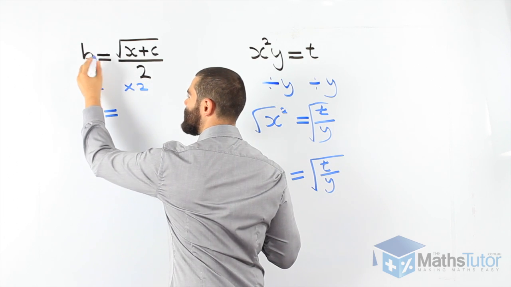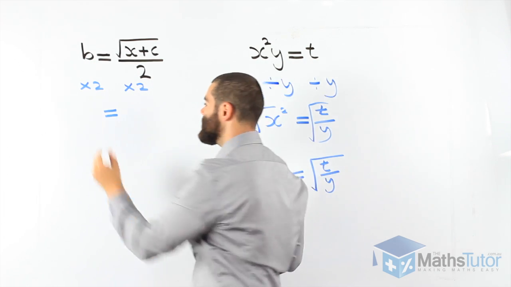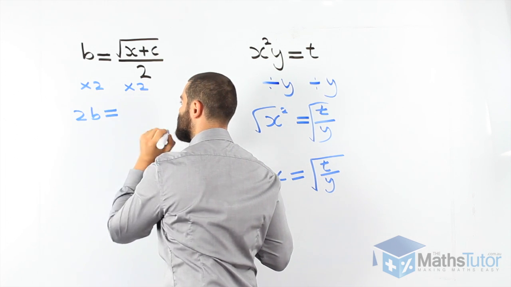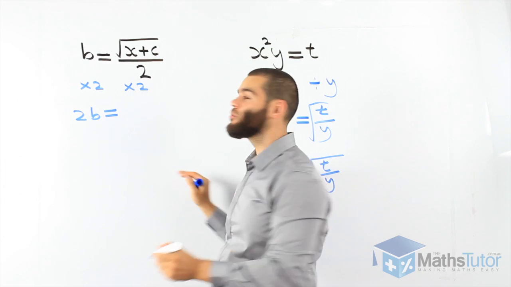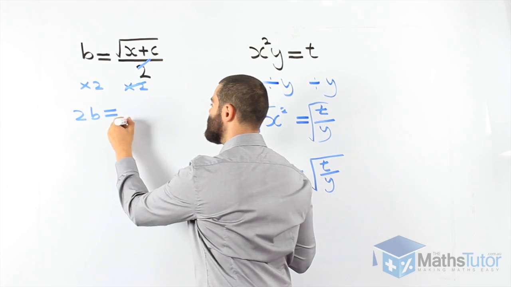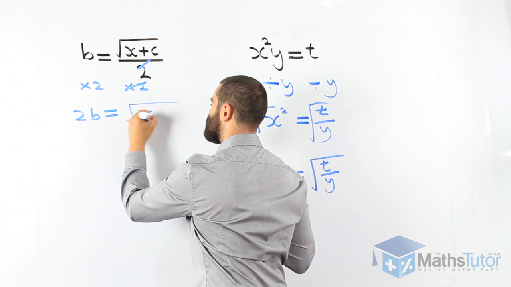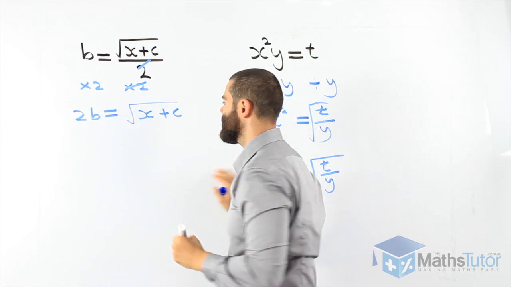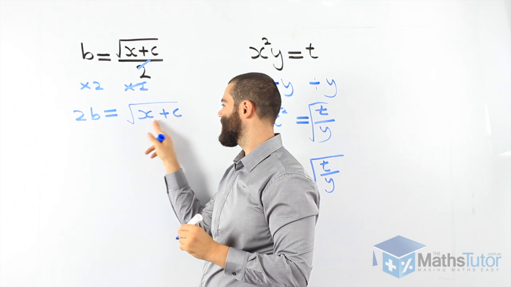So we have b times 2 is 2b, and the divide by 2 and times 2 cancel each other out. So we're left with the square root of x plus c. So 2b equals the square root of x plus c.